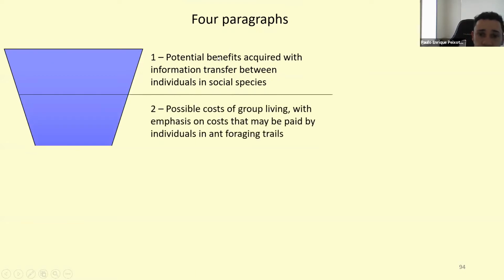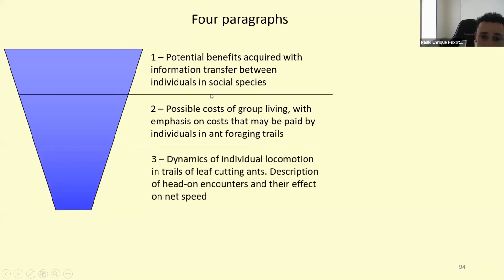After this, in the second paragraph, they discussed possible costs of group living, which is highly connected to social species, and they emphasized possible costs that individuals may incur in forage trails. They did not restrict it to leaf-cutting ants, but to ants in general, because many species make such trails, okay? So this is more restricted in relation to the first.